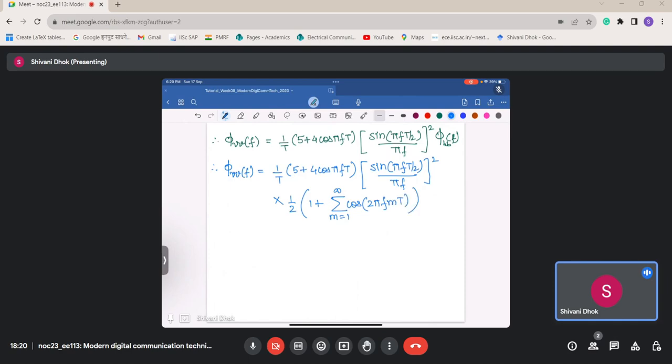I can also write this one as cos of 2 pi f into 0 into t.